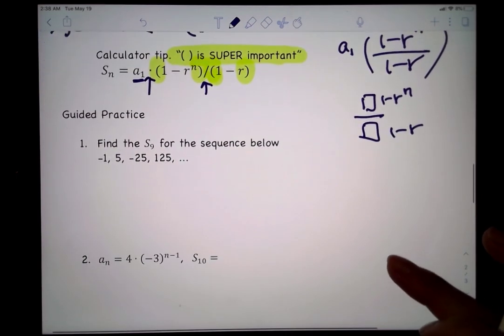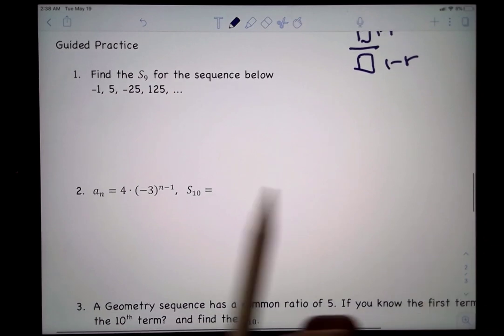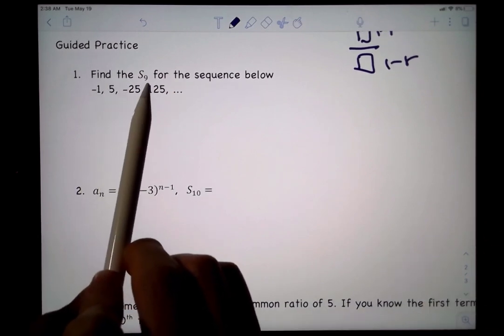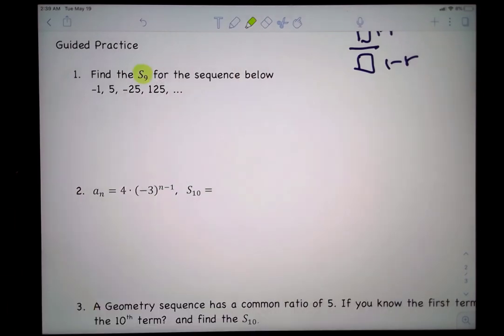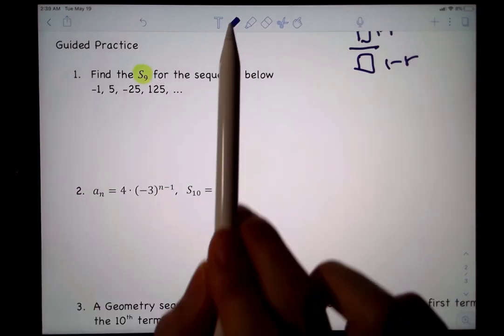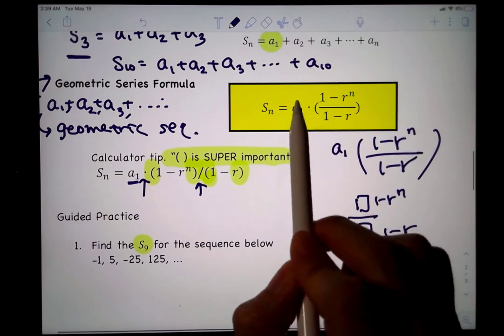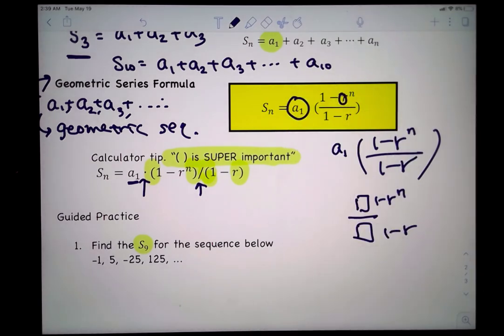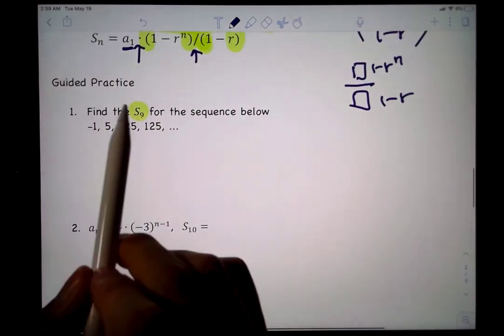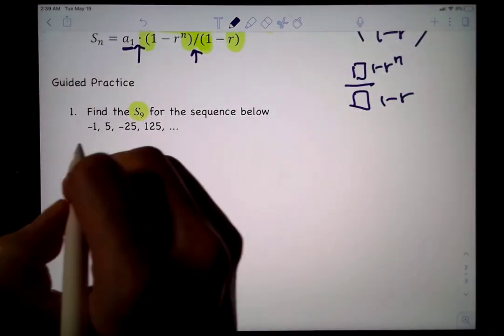Okay, look at this practice. Find S9 for the sequence below. We want to get the sum. Let's look at the sequence because we want to know A1 and r. What's my A1, guys?